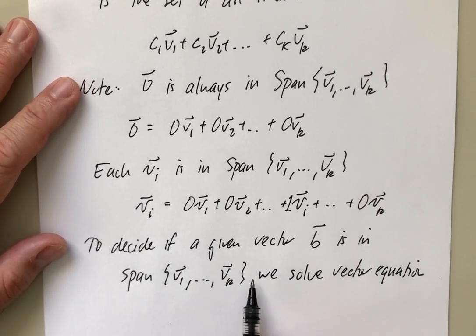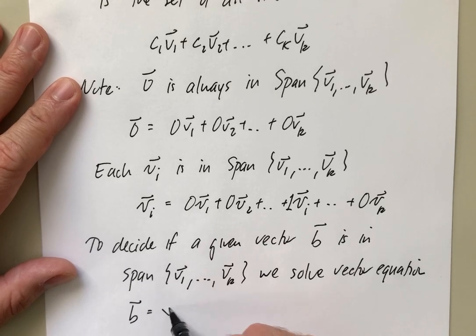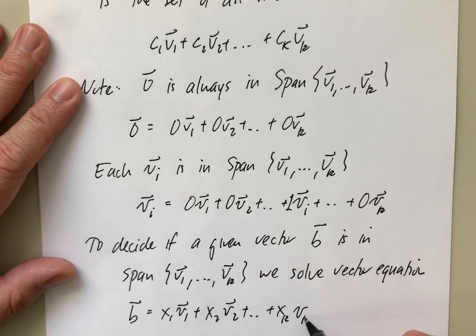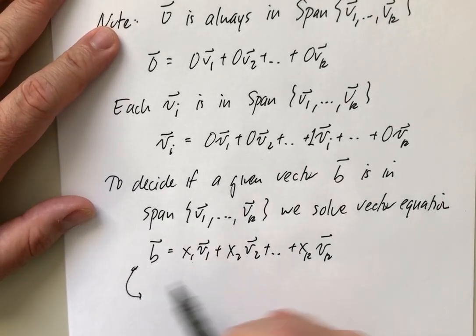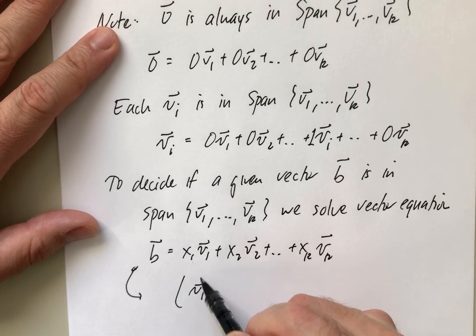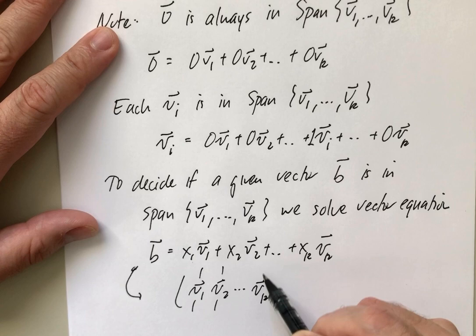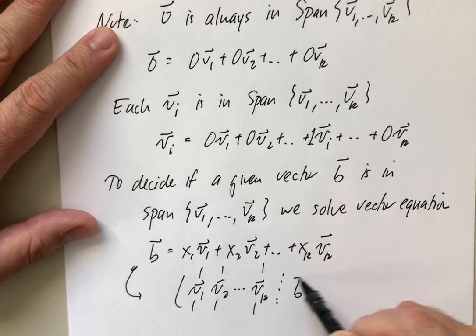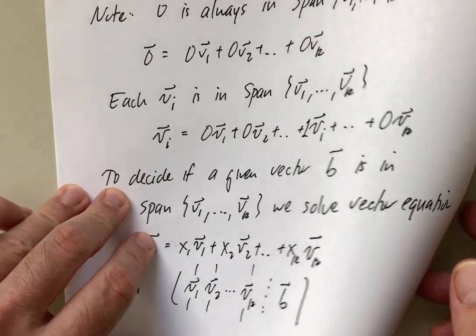To decide if a vector b is in the span, I need to say, can I write b as something times v1 plus something times v2 plus something times vk? So this is called the vector equation. Remember, to solve the vector equation, I look at the system where I take v1, v2 up through vk as the columns, and then I augment with b. Okay, so those are the most important facts about span.